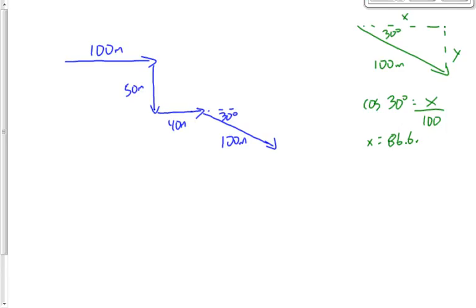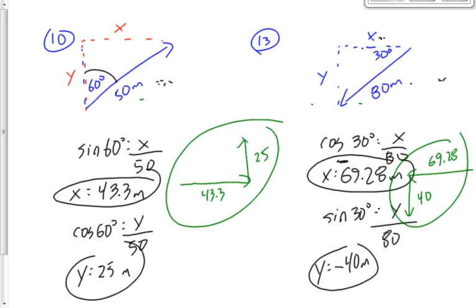And then sine 30 degrees is equal to opposite over hypotenuse. That's what we've been doing, right? We just changed a funny angle into an x and a y.